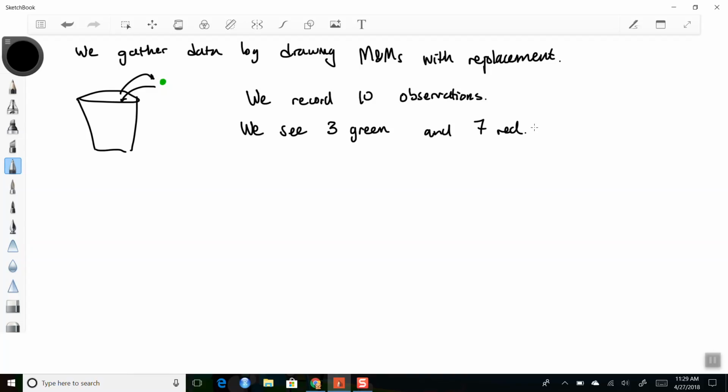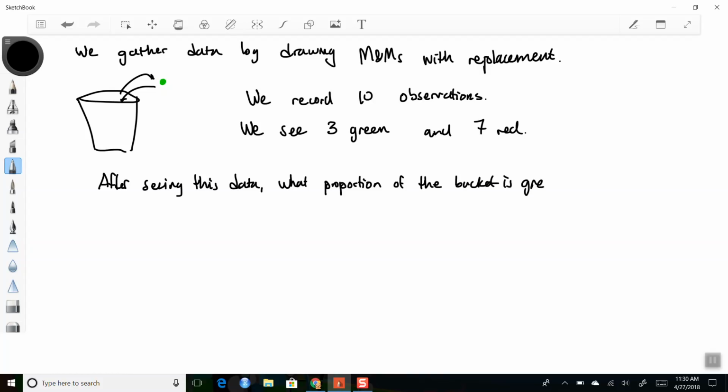And so after looking at the data, what proportion of the bucket is green? Okay, we're asked the same question. So after seeing this data, what proportion of the bucket is green? Okay, or what do you believe about P?